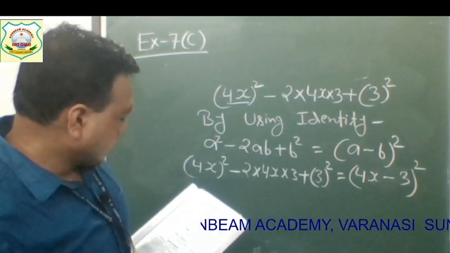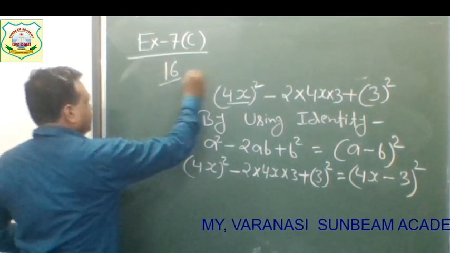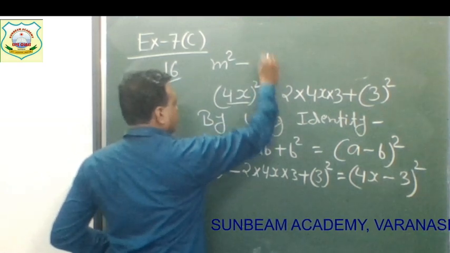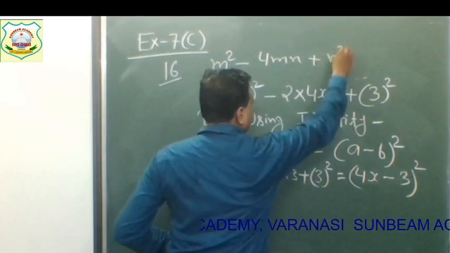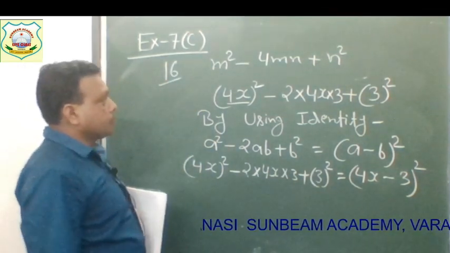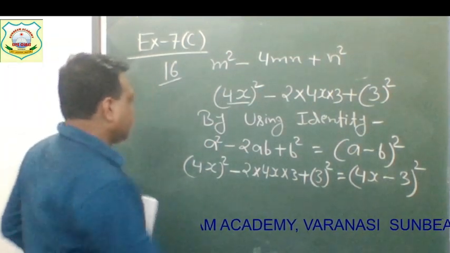Question number 16 is given: m square minus 4mn plus n square. Students, it is also the same: m square minus 4mn plus n square. Hope everyone is done.